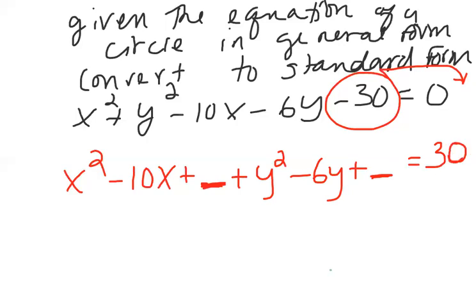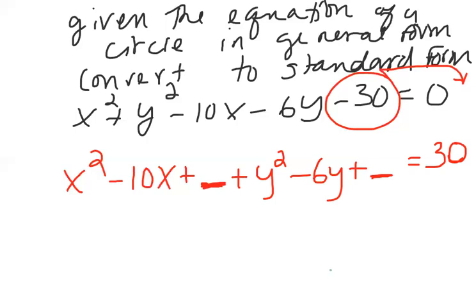So guys, what did I do? I moved the 30 over. I am writing the x terms next to each other, the y terms next to each other, AKA I am grouping x, I'm grouping y, and I'm getting ready to complete the square on the x term as well as the y term. I am going to complete the square twice so I can rewrite this in standard form.